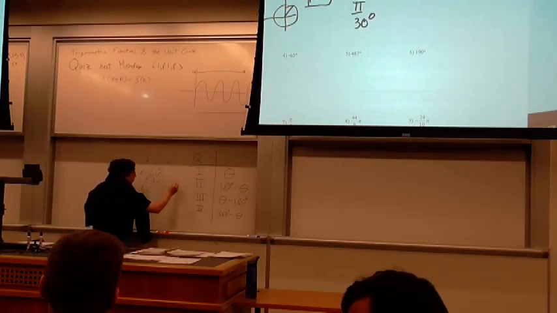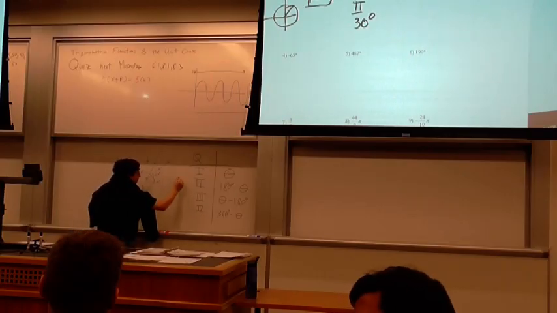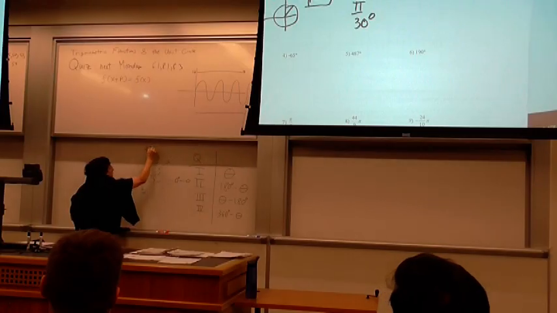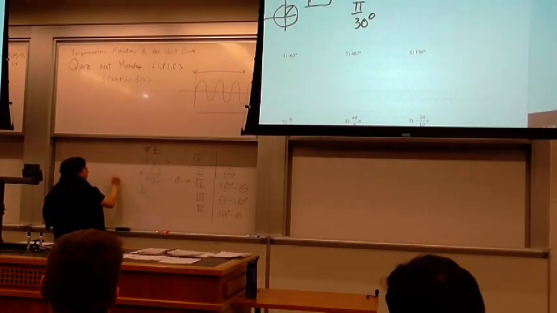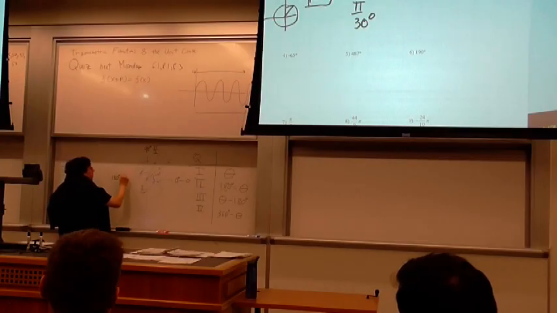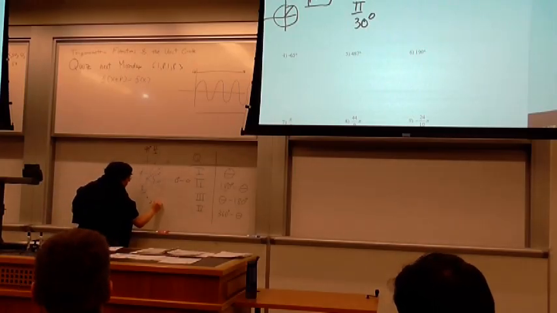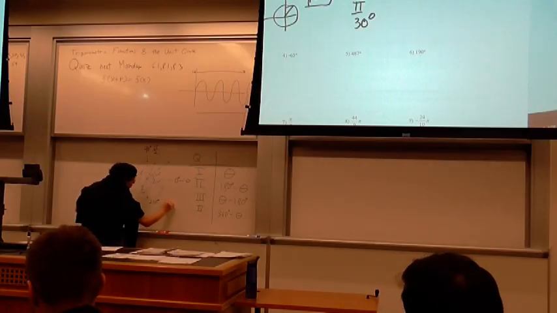I'm gonna write these out both in degrees and radians. Here we have, remember, 90 degrees or pi over 2. We have 180 degrees or pi. And down here, it's good to know this is 270 degrees or 3 pi over 2.